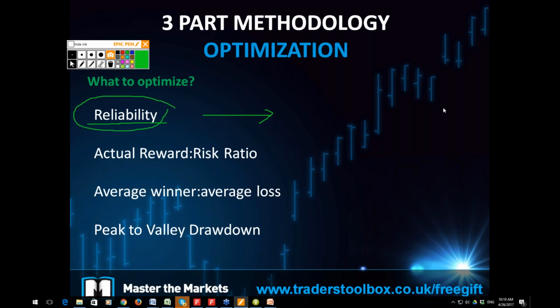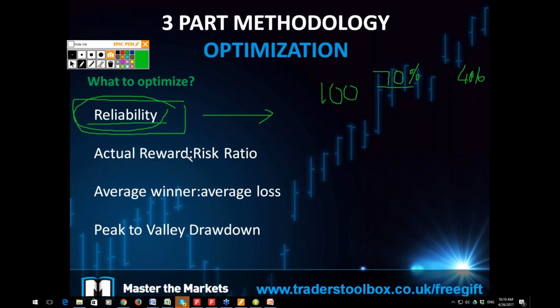Let's say out of 100 trades, you got 70 trades which are profitable, that are won. Then that would be a 70% win rate. If only 40 trades won, then that's a 40% reliability. That's your first test that you must know.